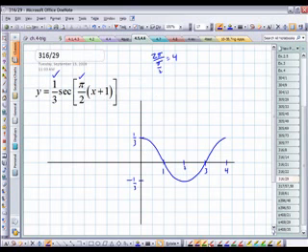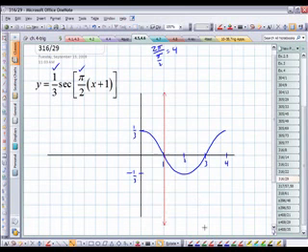So then my new y-axis is going to be over here. And what that will do is change all of my axis values for my x-axis. So this becomes a negative 1, this is 0, this becomes 1, 2, and this becomes a 3.